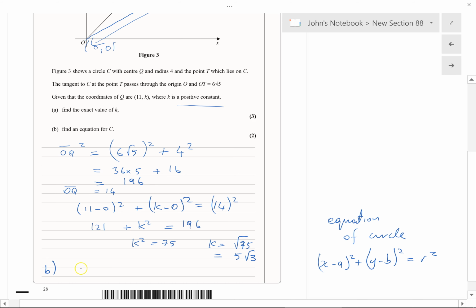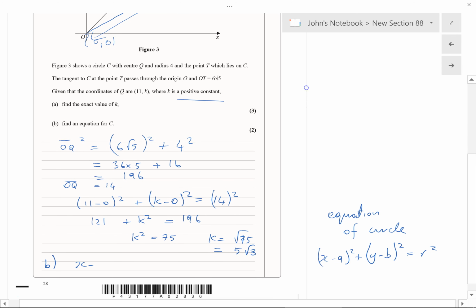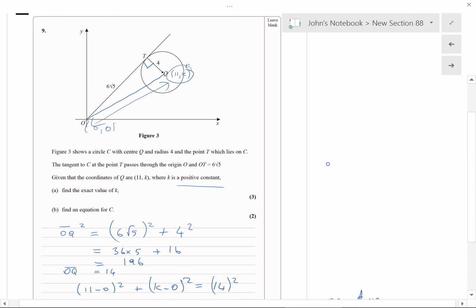So we've got the radius, we know all this. A is the x coordinate, so that's x minus 11 squared plus y minus 5 root 3, which is the y coordinate of the centre, squared, is equal to the radius squared, 4 squared, which is equal to 16. Okay, so that's question 9 done.